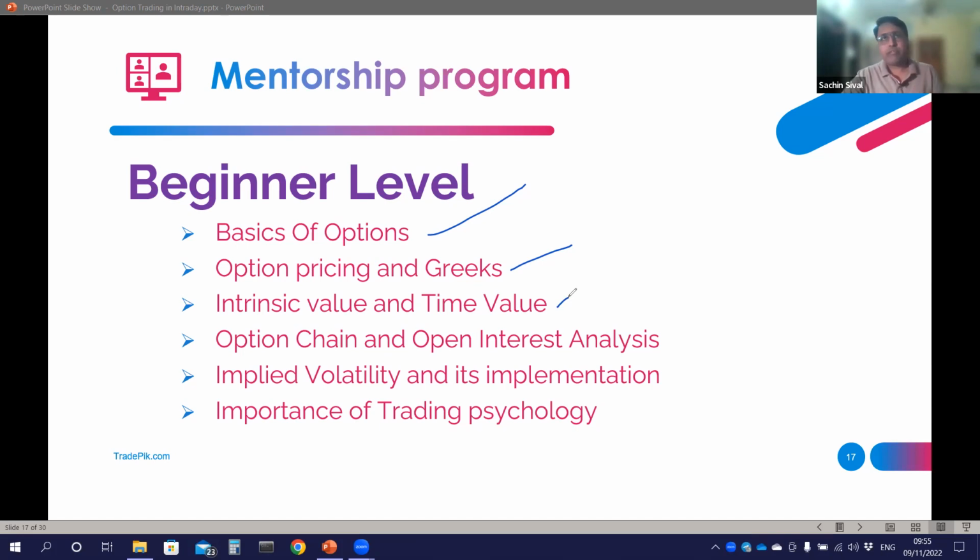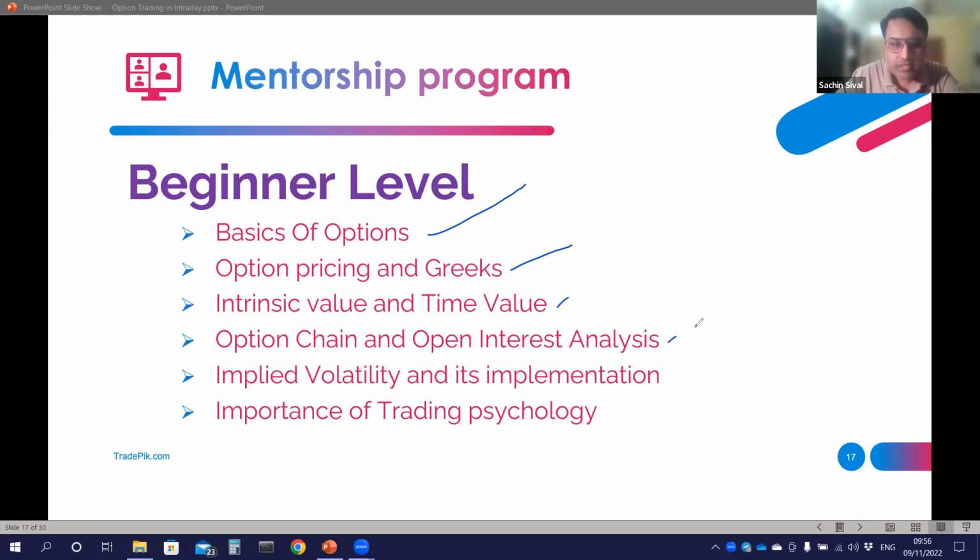It's very important when you take entry in any trade, because intrinsic value is the real value of that particular strike or option, and time value flies with time. If you are betting on direction and carrying lots of time value in your option, chances are high that you will lose money in that option despite the move being in your favor. So you have to be very clear about what the intrinsic value and time value are, and how to use them when you are taking a position.